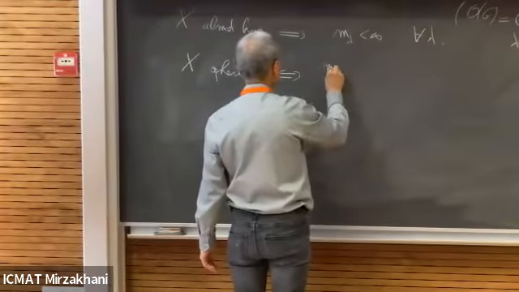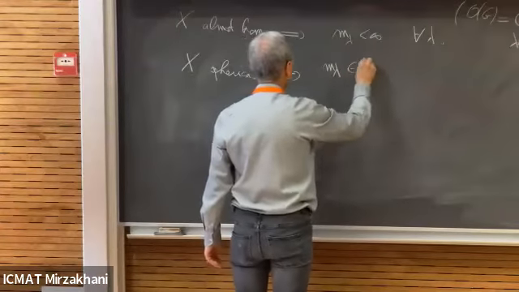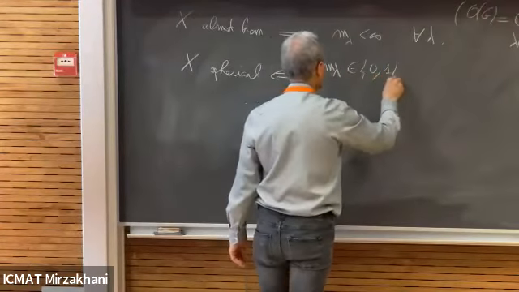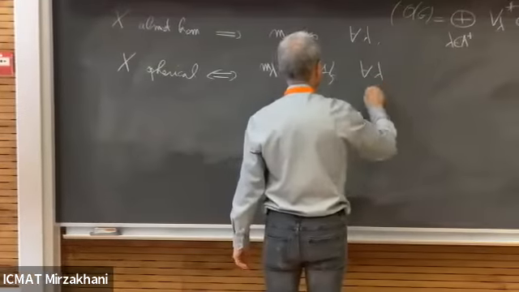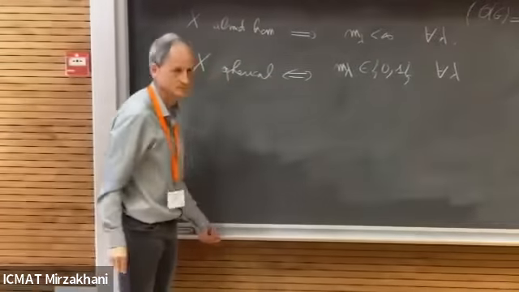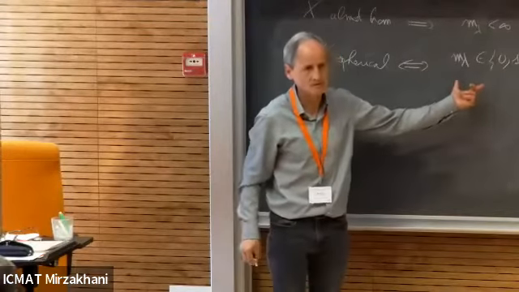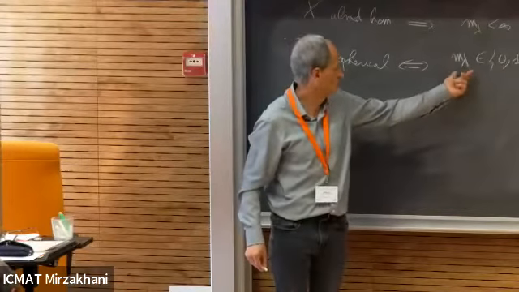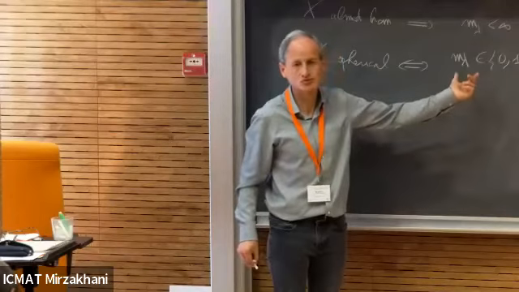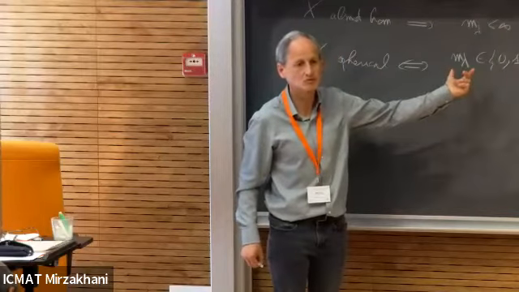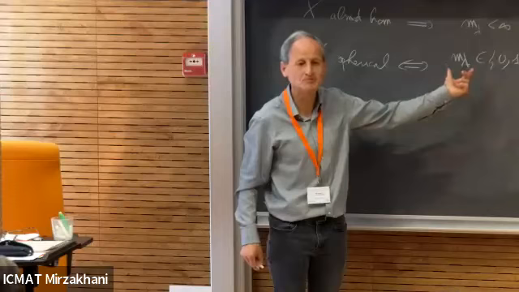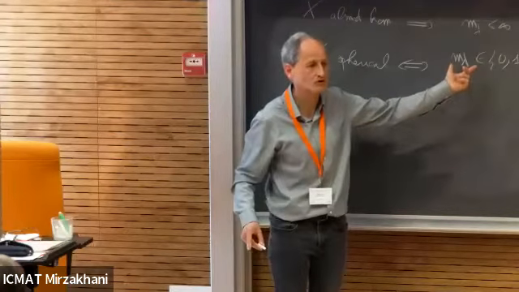First is m lambda is 0 or 1. Well, if you look closely, this is equivalent to X having an open B orbit. It's not a difficult fact.